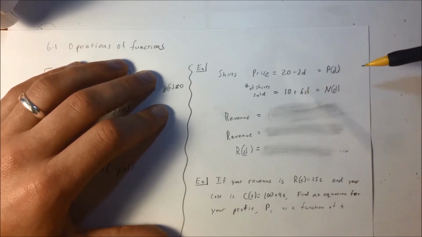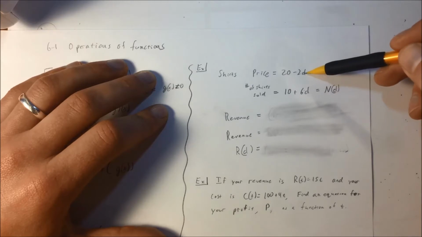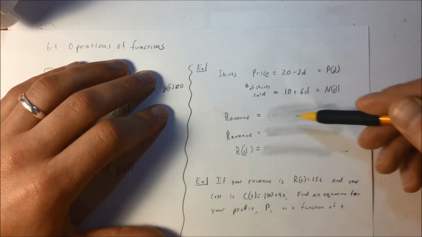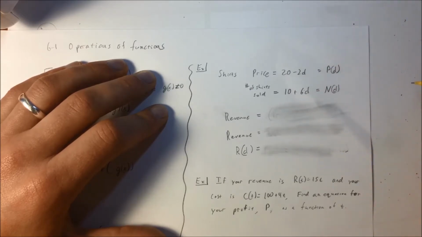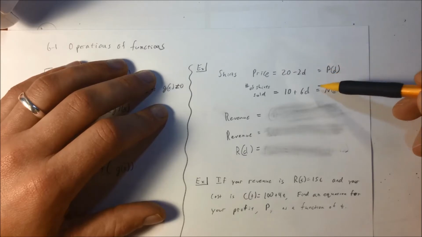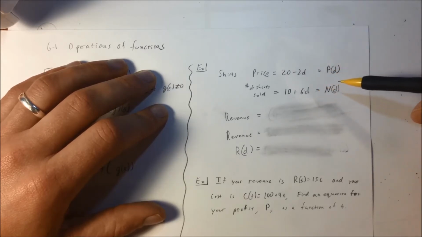Some of you are familiar with this because we did a project over this. So for each price decrease of $2, you sell 6 more shirts. So how can you find the revenue? Well, the revenue is going to be how much money you've made total. So you're going to take the price times the number of shirts sold, whatever that is.